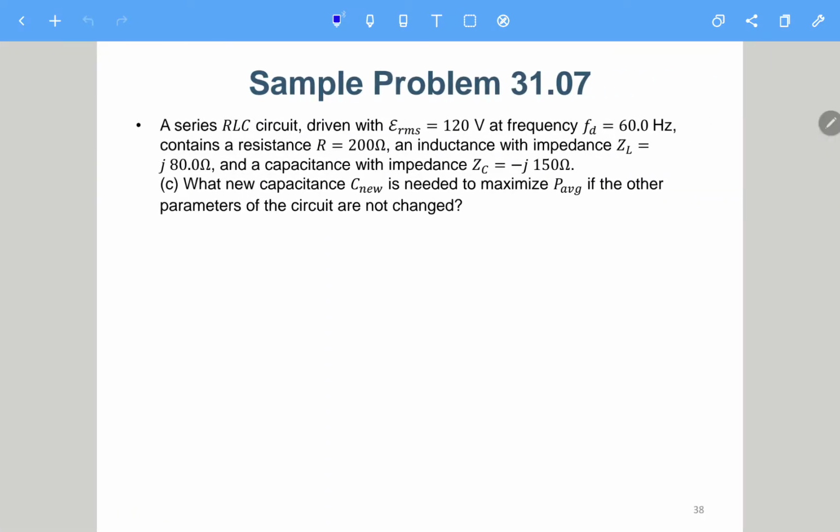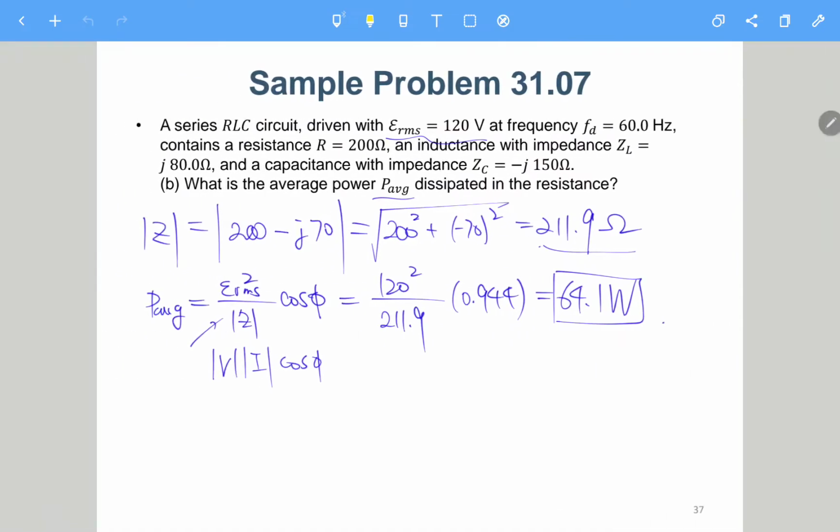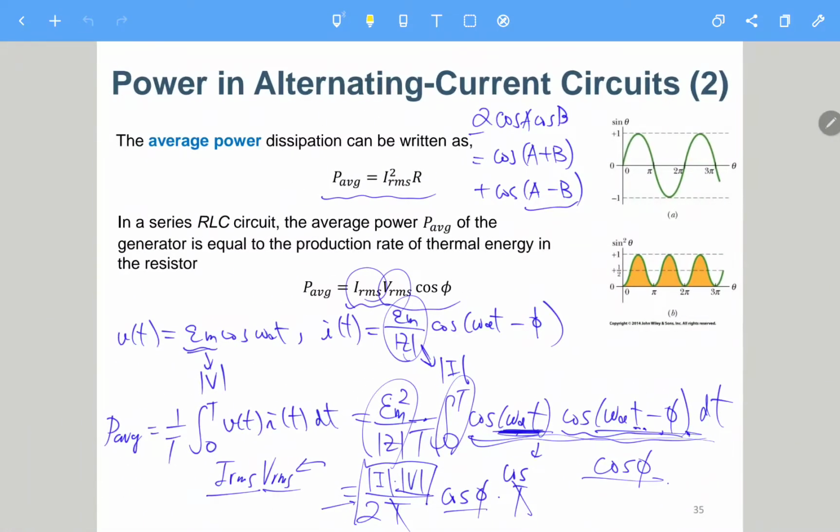Okay, so for part C, what new capacitance is needed to maximize the P average if the other parameters of the circuit are not changed? Actually in the previous slides, we don't tell you what we should do to maximize the power consumption.